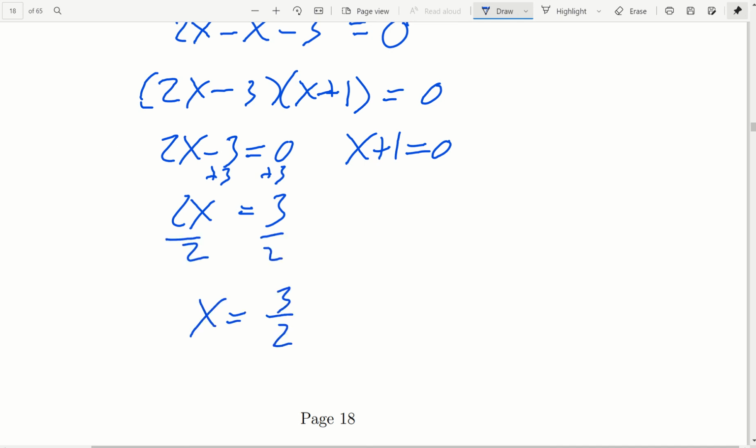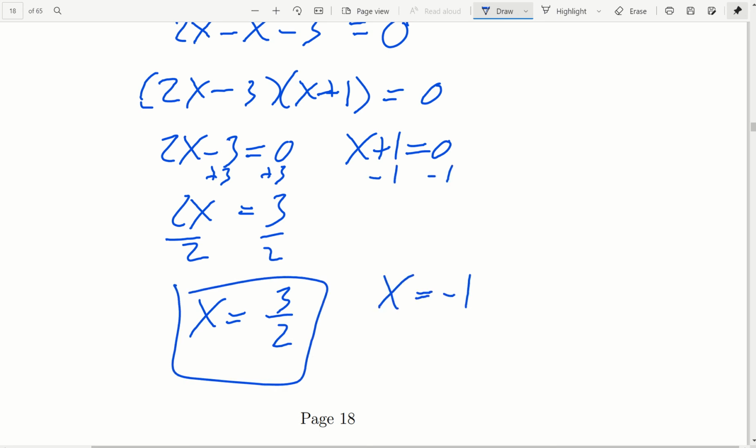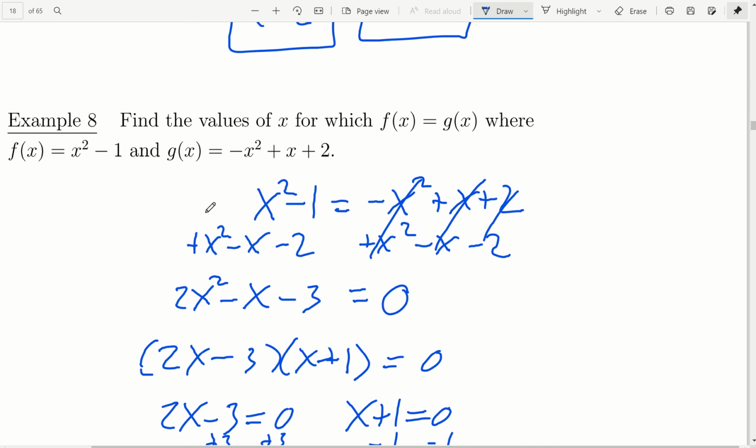So we get one value: x equals 3/2. For this one here, we would simply subtract 1 from both sides, and we get x equals -1. Again, going back and thinking about what this means, if we were to plug either -1 or 3/2 in for x, the functions f and g would produce equal outputs.